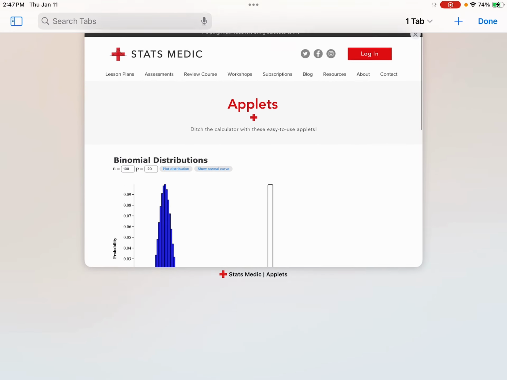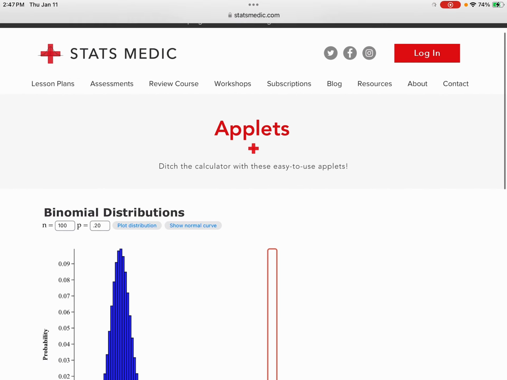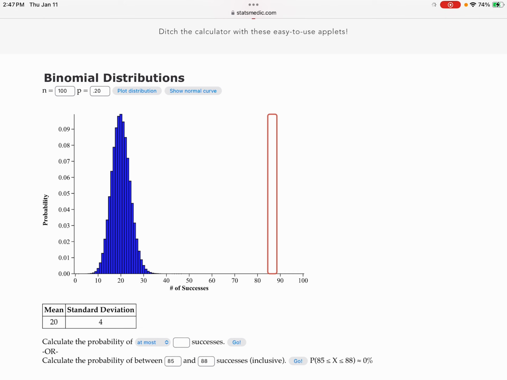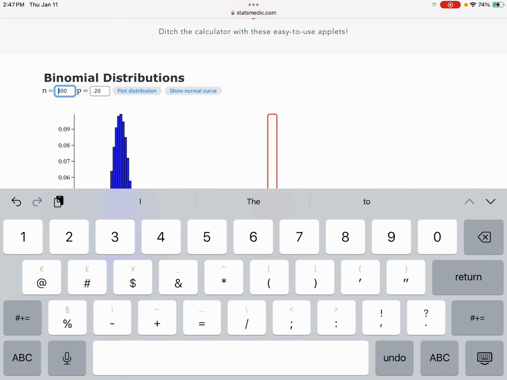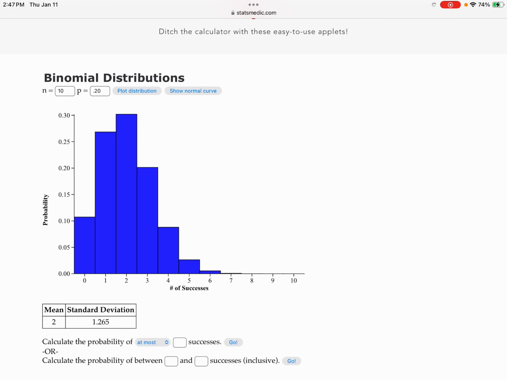So let me backtrack. Let me change the sample size to something smaller. Let's say I was only collecting 10 Skittles. Does that look like the bell curve? Nope, it looks skewed right, okay?